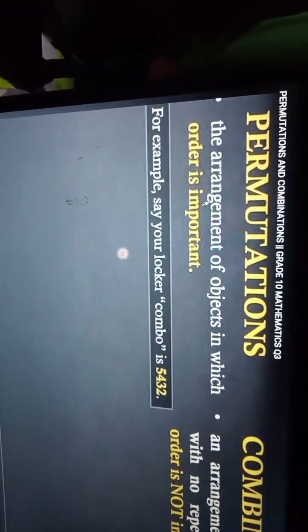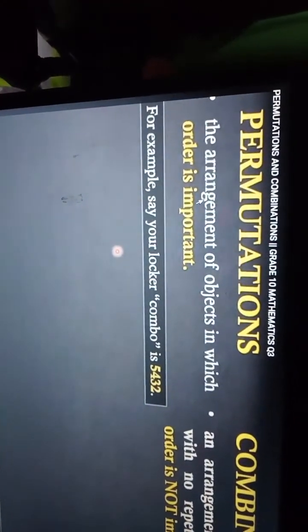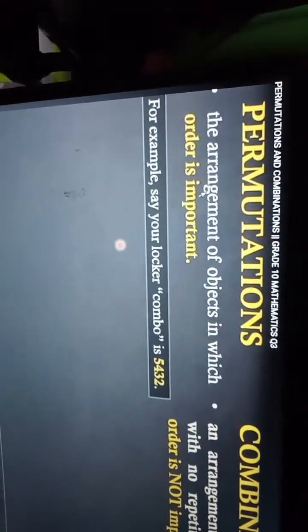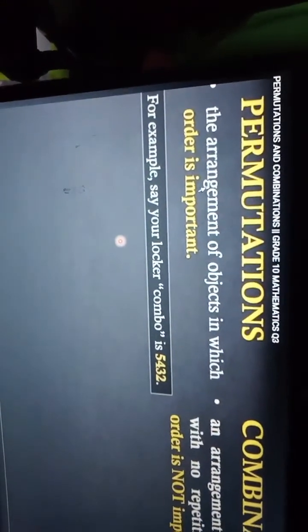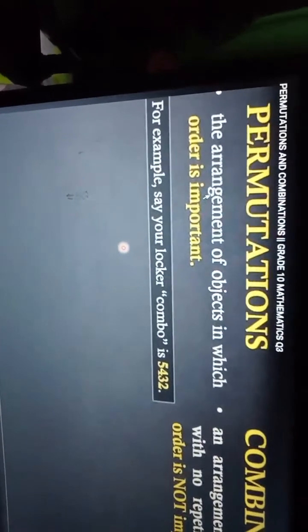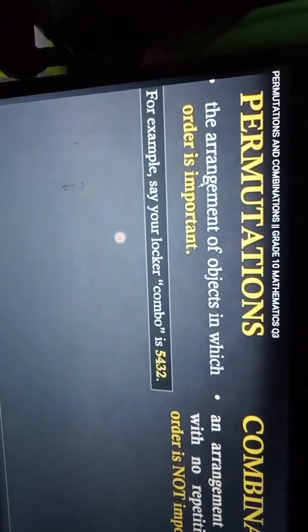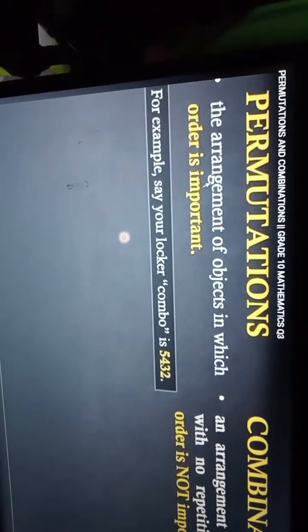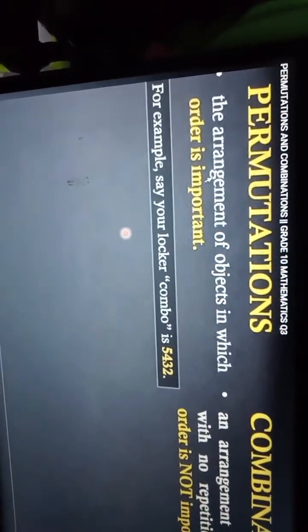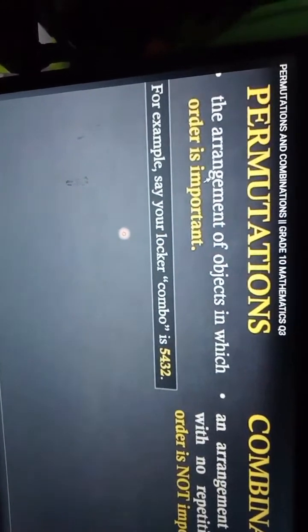The formula for the distinguishable permutation is n factorial all over n sub 1 factorial times n sub 2 factorial times n sub 3 factorial, going to the limit n sub k factorial.